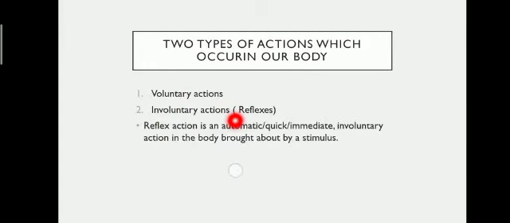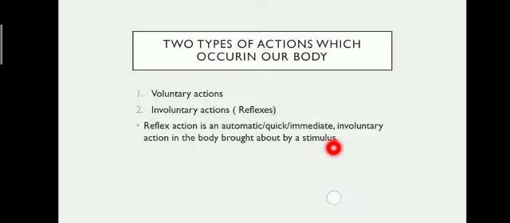Next, coming to involuntary actions, which can also be named as reflexes, as the thing happens unknowingly. What is a reflex action? A reflex action is an automatic, quick, immediate, involuntary action in the body brought about by a stimulus.